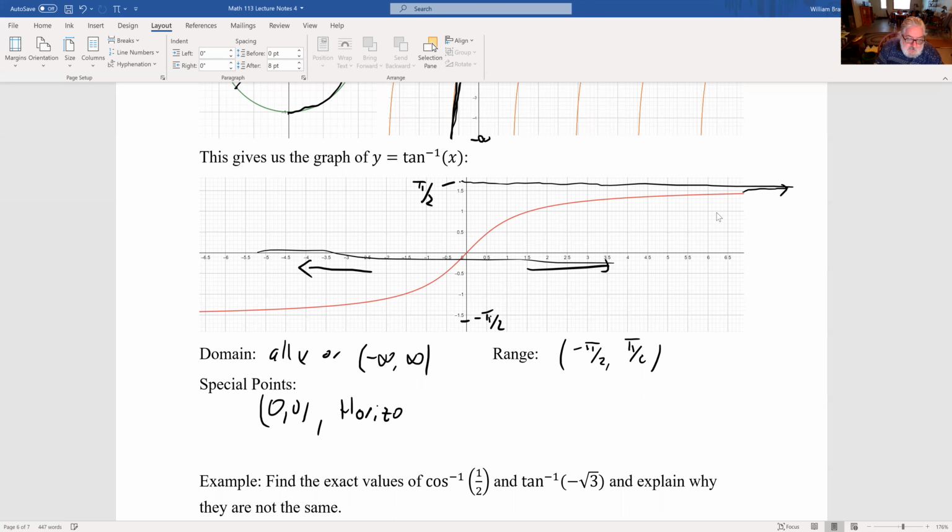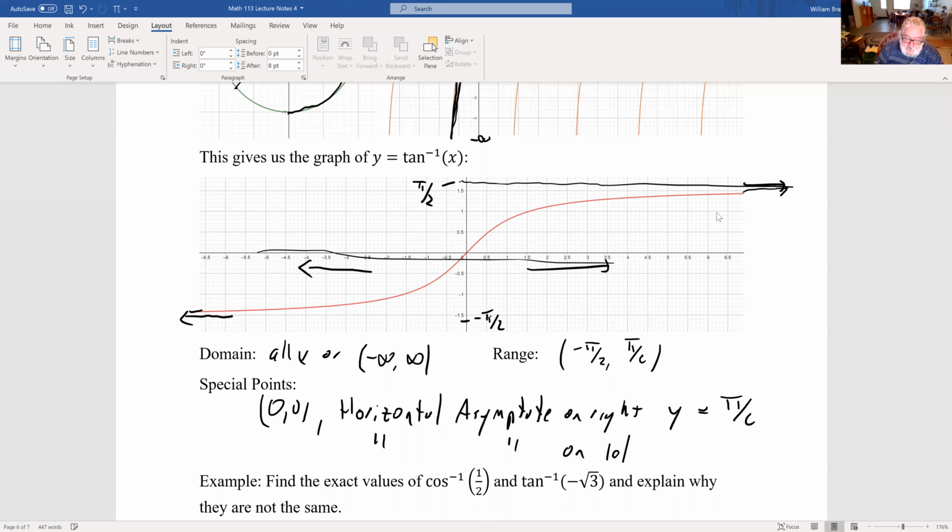Horizontal asymptote on right at y equals pi over 2. That's this one. On the left, right, minus pi over 2, you've got a horizontal asymptote on left at y equals minus pi over 2.